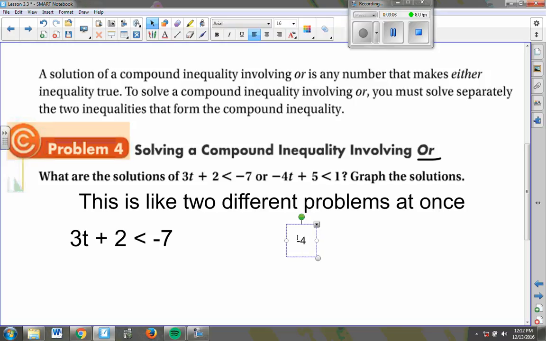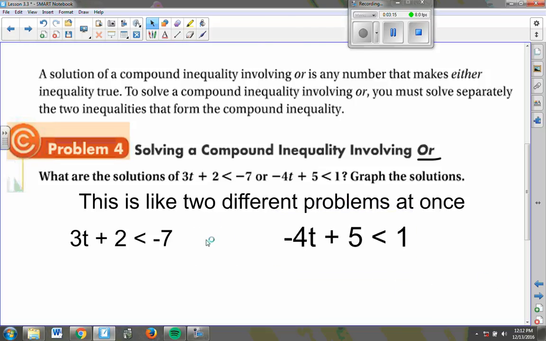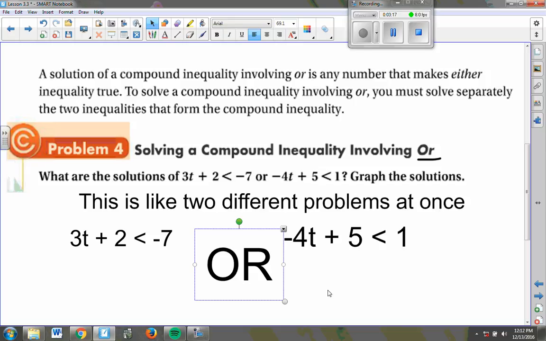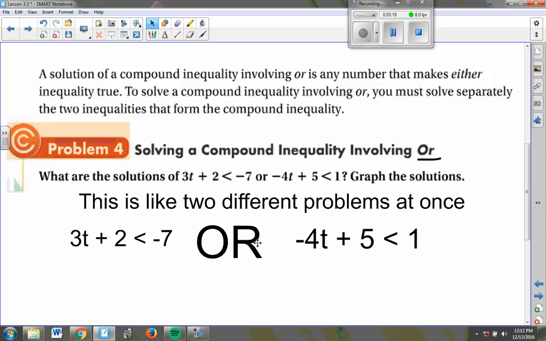The other is -4t plus 5 is less than 1. And the word or is in between. So all I'm doing here is solving this inequality on the left, and solving this inequality on the right. To solve the inequality on the left, I subtract 2 from both sides.